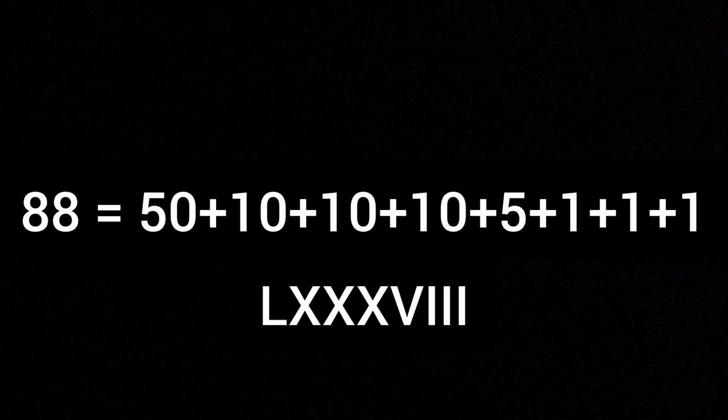Here we have 80, and 8 remains, so we've got to add an 8. And VIII is 8. V is 5, III is 3. 5 plus 3 is 8. So here we have 88, LXXXVIII.